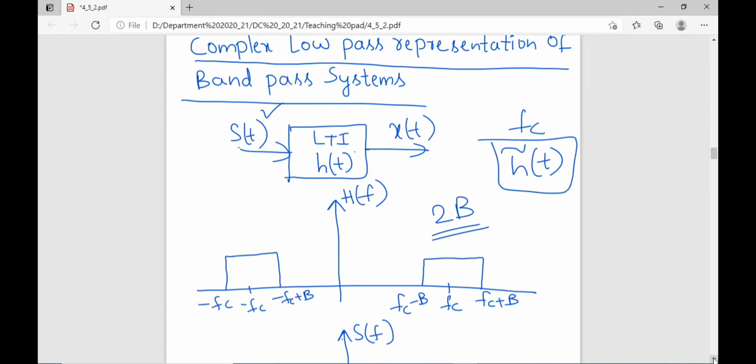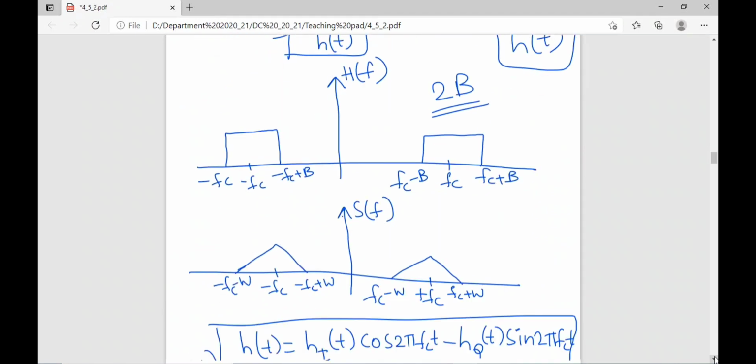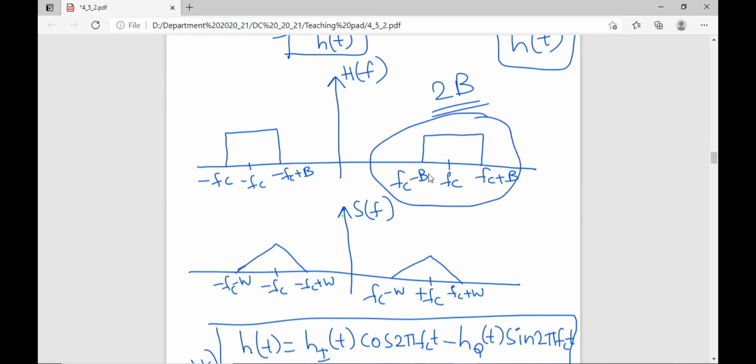In order to do that, I'm showing you the spectrum. If you observe, this is the spectrum. I don't want the spectrum at FC, so I will shift it to the origin. How do I shift it? I cannot directly shift it, right? I need to do some mathematical analysis so that I'll be able to show that even if you shift, it is fine, and it will keep the characteristics of the system.